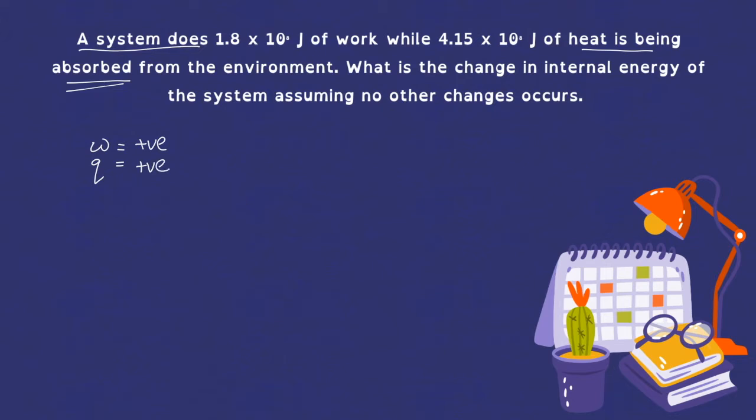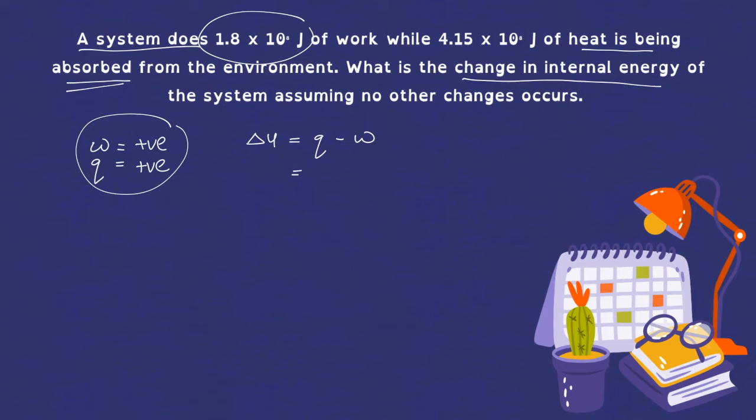And then you were asked to calculate the change in internal energy. Change in internal energy is delta U. So delta U is equivalent to Q minus W. Since both W and Q are positive, we just use these values as they are.